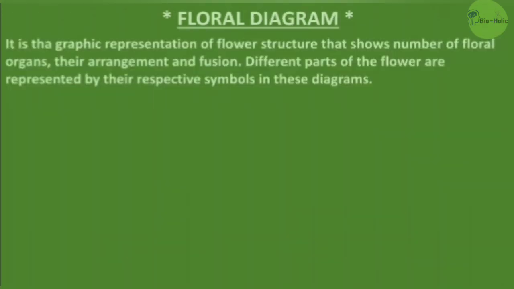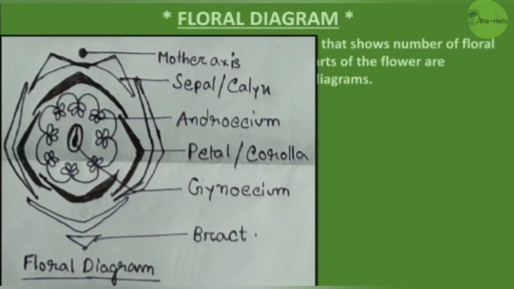Now the floral diagram. It is the graphic representation of flower structure that shows number of floral organs and their arrangement and fusion. Different parts of the flower are represented by their respective symbols shown in these diagrams. The mother axis, the outer is sepal, the inner androecium.